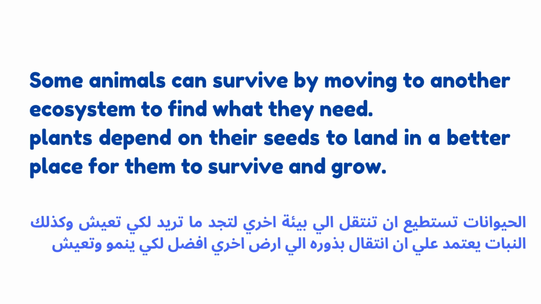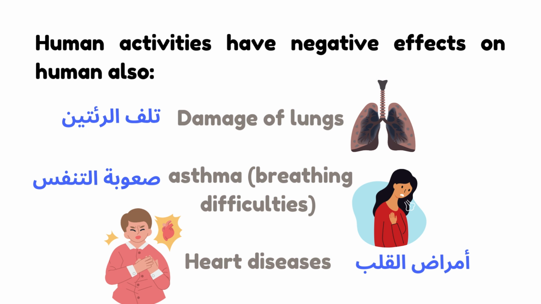Okay, this is how the human activities affect the animals and the plants in the environment. Also, human activities have negative effects on humans, such as damage of lungs, asthma, which is breathing difficulties, as the person can't breathe easily, okay, and heart diseases.